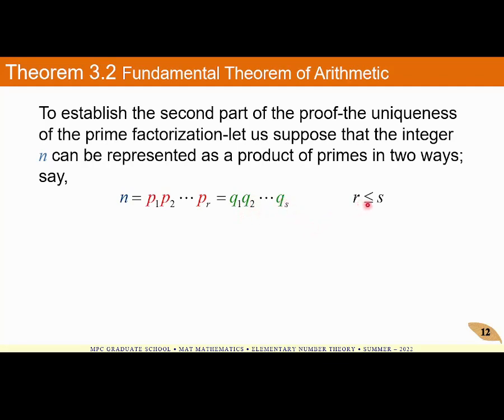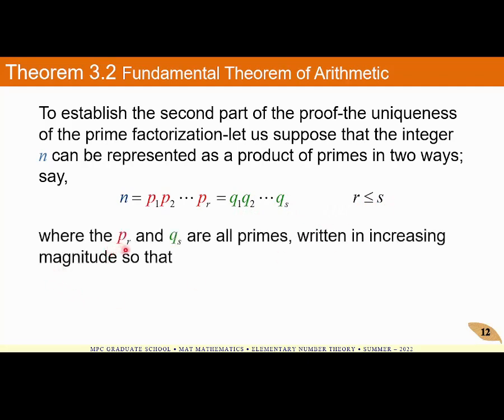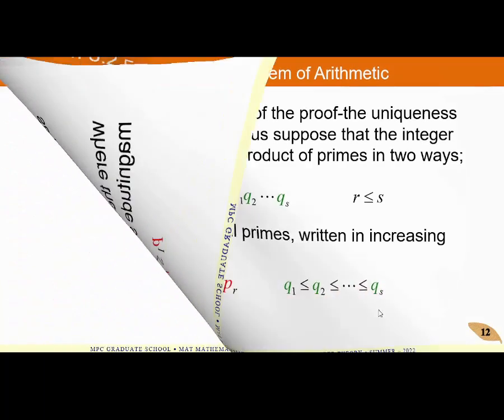Then r is less than or equal to s, where the p sub r and q sub s are all primes, written in increasing magnitude, so that p sub 1 is less than or equal to p sub 2, up to p sub r, and q sub 1 is less than or equal to q sub 2, up to q sub s.